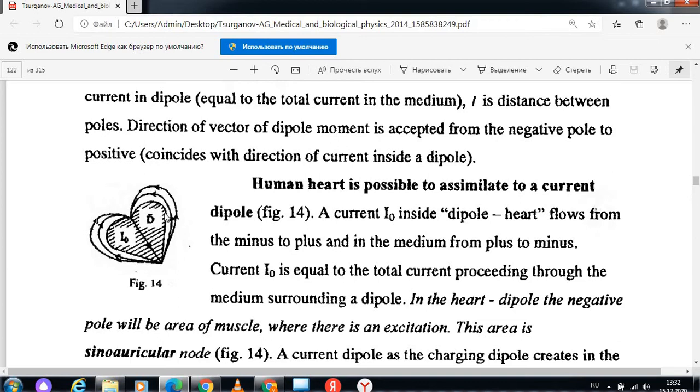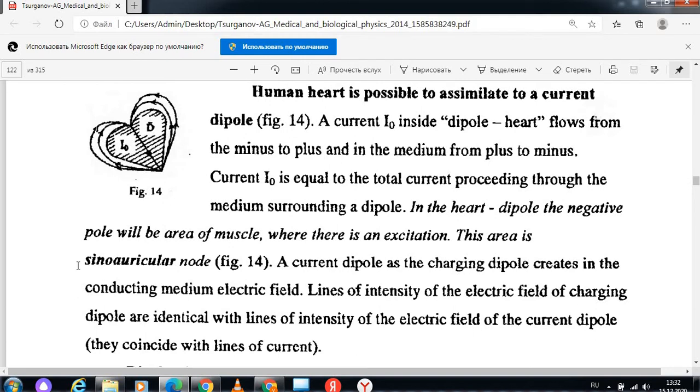The current I0 is equal to the total current proceeding through the medium surrounding a dipole. In the heart dipole, the negative pole will be the area of a muscle where there is an excitation. This area is the sinoauricular node. Sinoauricular node again, figure 14.